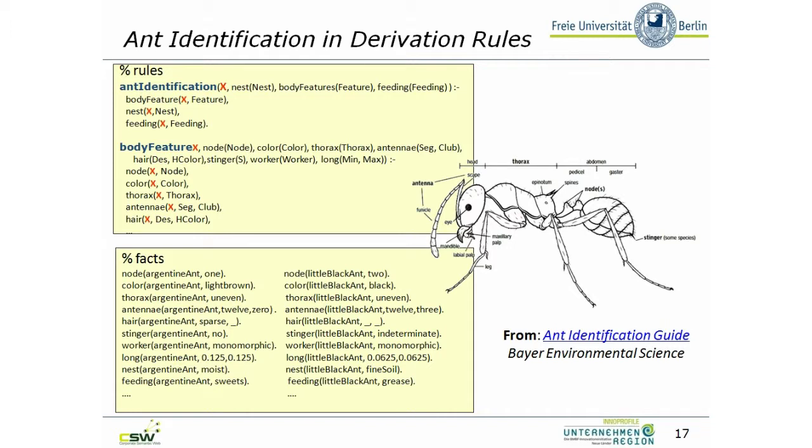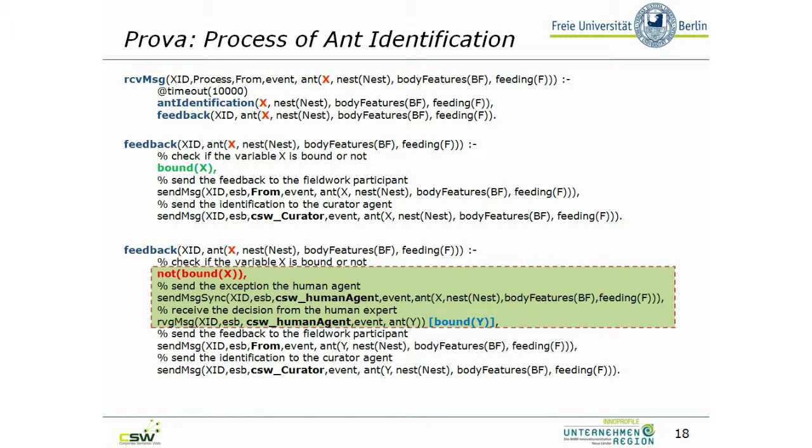And the concrete logic of ant identification is implemented by the rules. We can see the ant identification rule is used to prove the variable x is a certain ant if it meets the following features, for example, body features, next features and feeding preferences. And the concrete process in the taxonomist agent is implemented by the reaction rules.